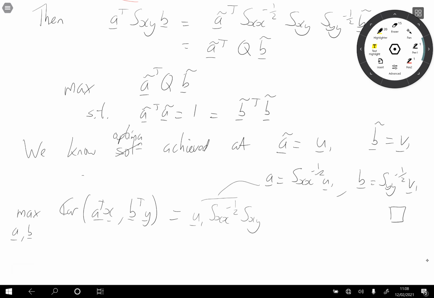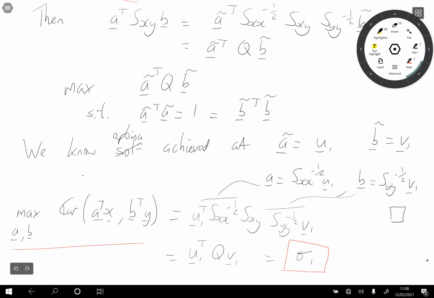Then substitute B in here, we're going to get S_YY to the minus half V1. And you'll see that this is just U1 transposed, sorry, I missed the transpose, U1 transposed Q V1, which is sigma_1. So the maximum value of this correlation here is sigma_1, the first singular value of this matrix Q.